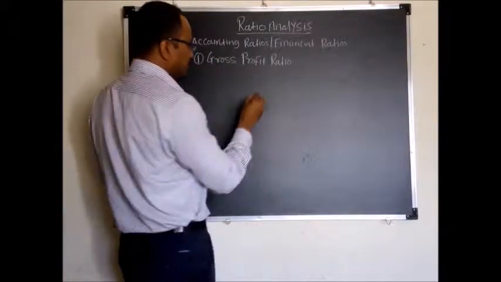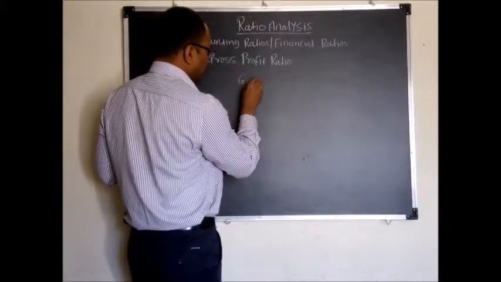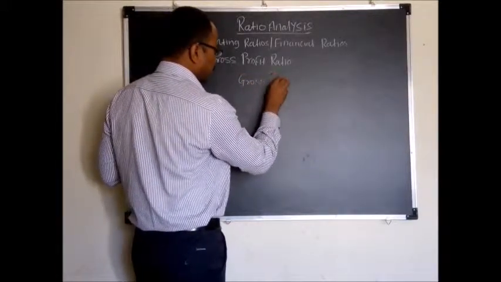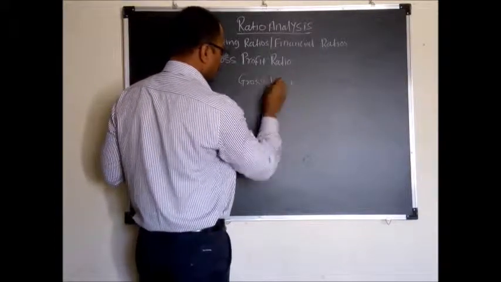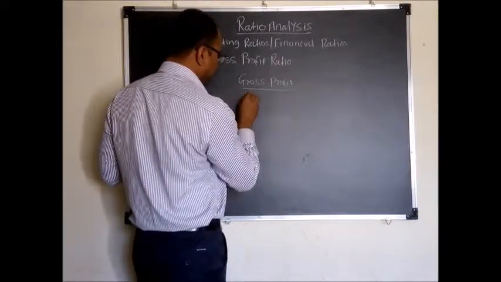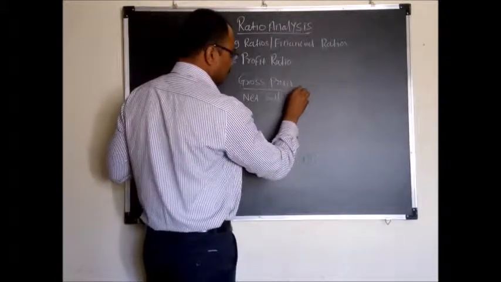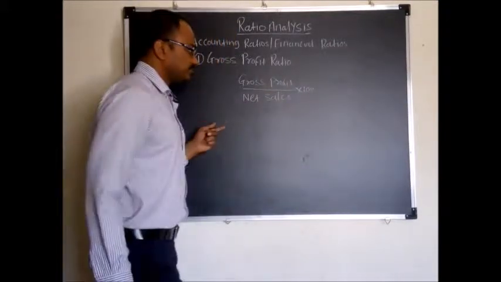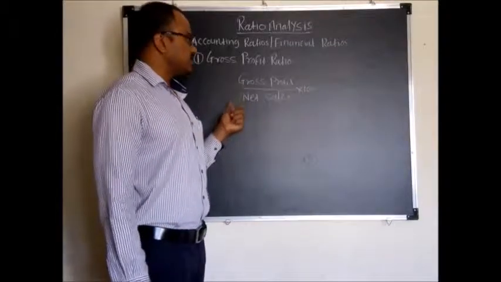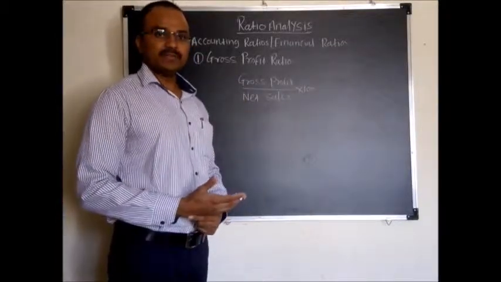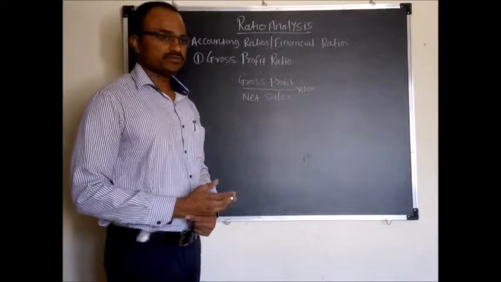Gross profit ratio is calculated as gross profit divided by net sales into 100. This is the formula to calculate the gross profit ratio.